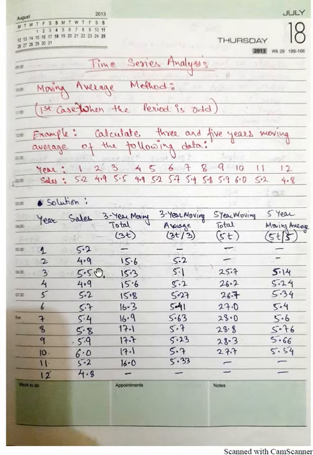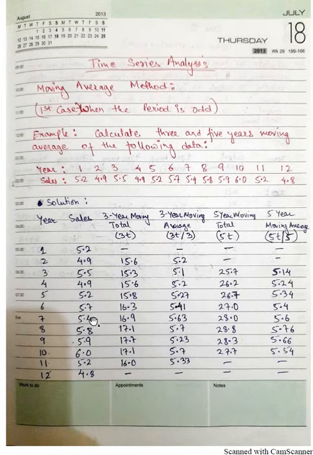Now we'll add this, this and this, and since the middle of these three is this, we write it here. So 5.5, 4.9, 5.2, the total is 15.6. We write it here. Now again we will add this, this and this, and we will write the total here, 15.8.